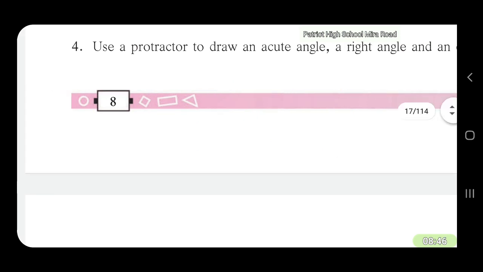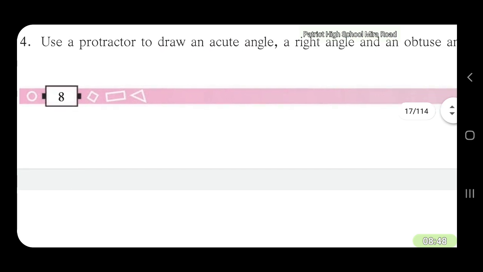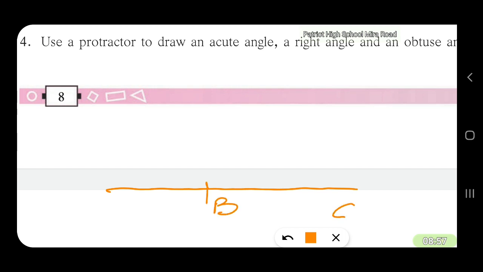More than 90 degrees, it will be an obtuse angle.